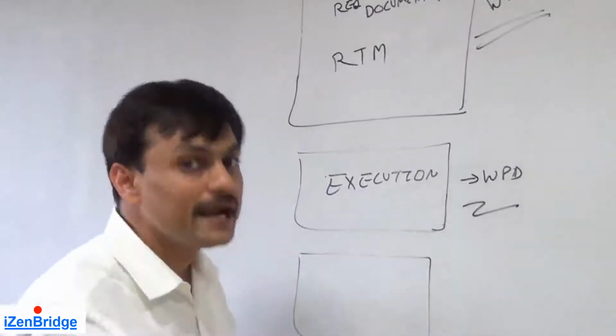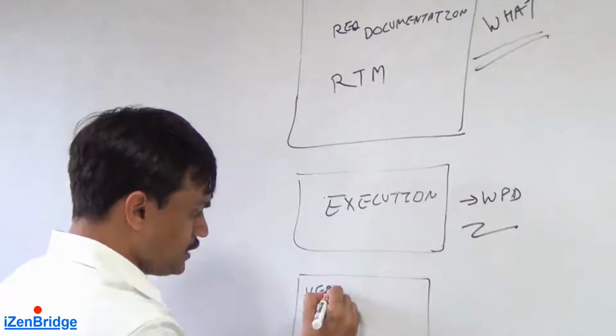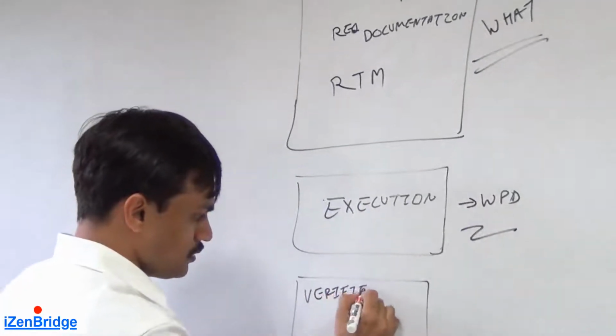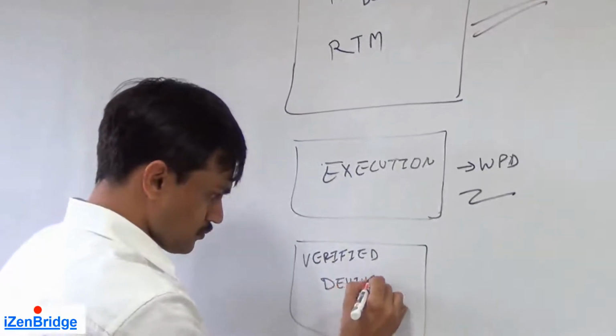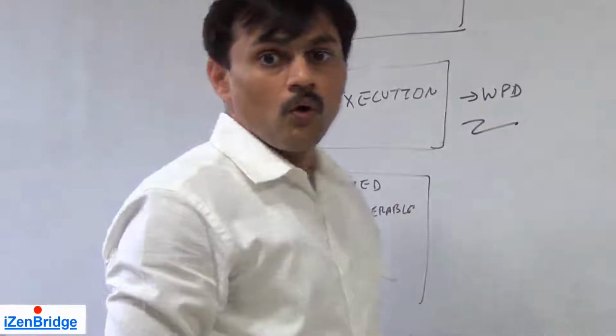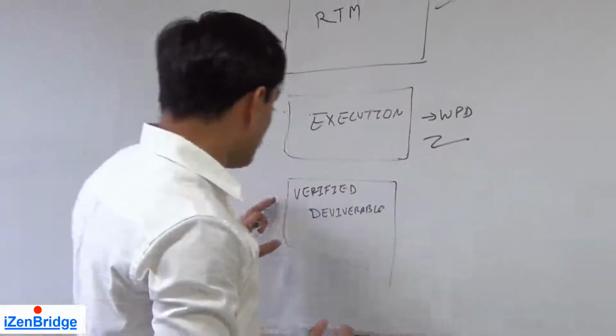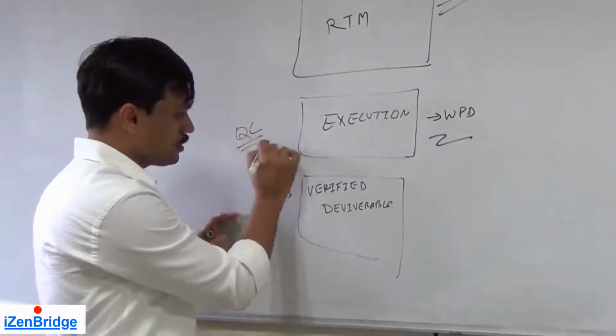Now we need to look at that deliverable, and that is the verified deliverable. The verified deliverable is coming from our quality control process.